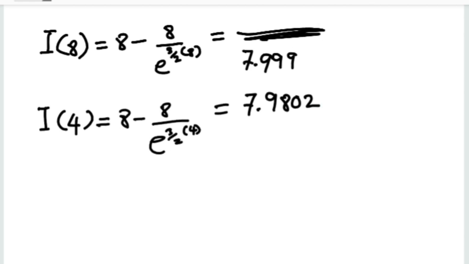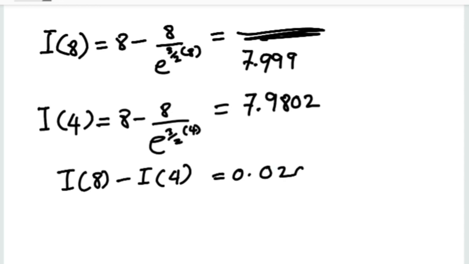Then we subtract I(8) minus I(4), so the answer will be 0.020, to 3 decimal places.